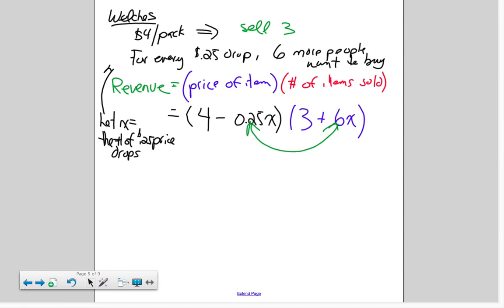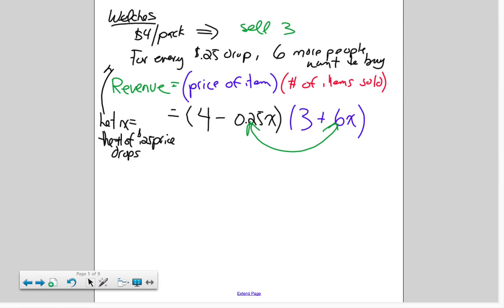So how can we find the vertex here? Well, I could, but it's already in what kind of form? I already have it in factored form. So I could expand it and factor again, or expand it and complete the square, or I could just leave it in factored form.